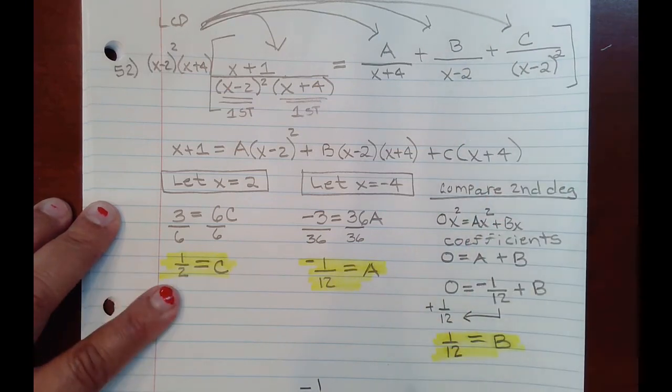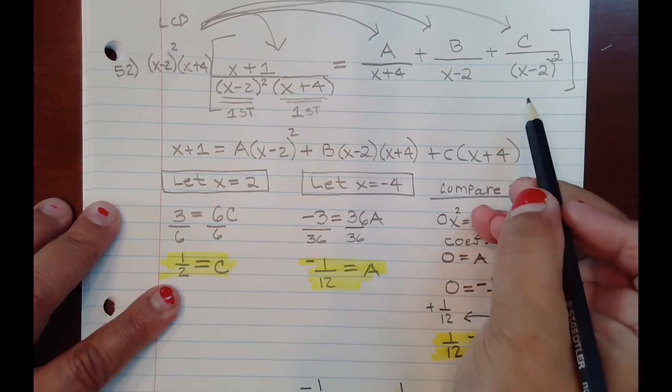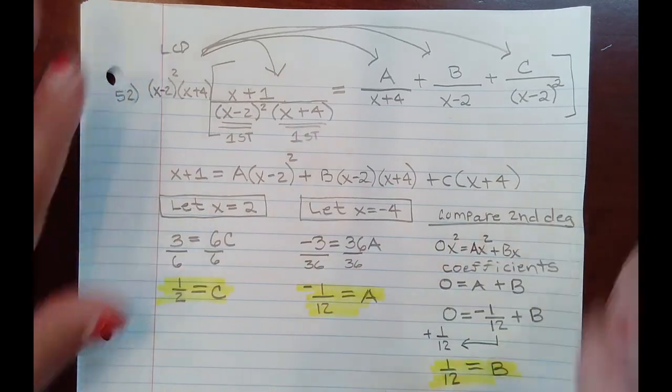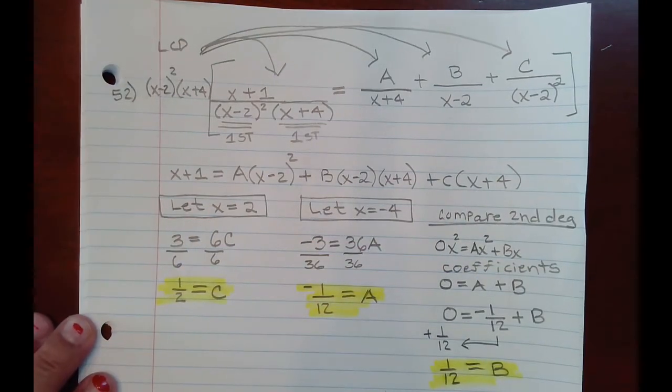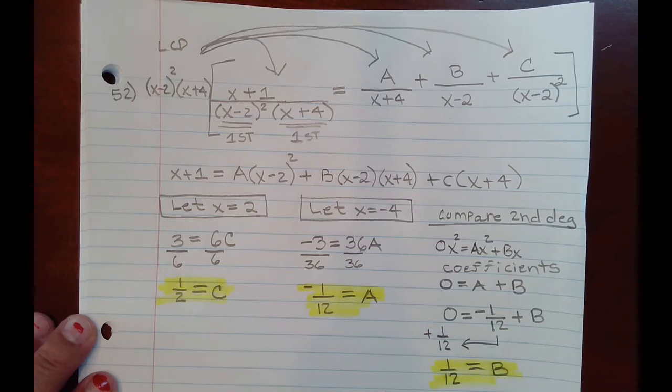B was positive 1/12, so positive 1/12 over x minus 2. And then the third fraction on your decomposed side is C. C is equal to 1/2, and 1/2 gets assigned to x minus 2 with a power of 2 on it.